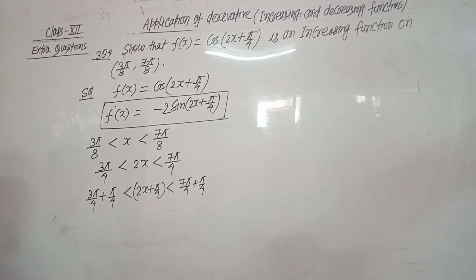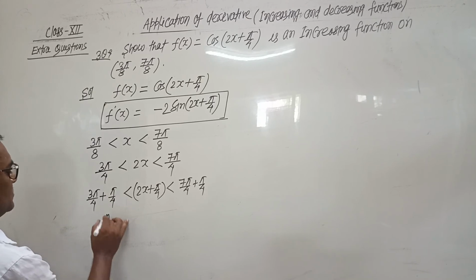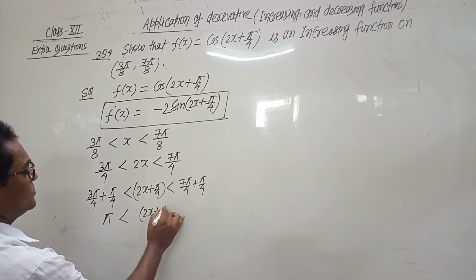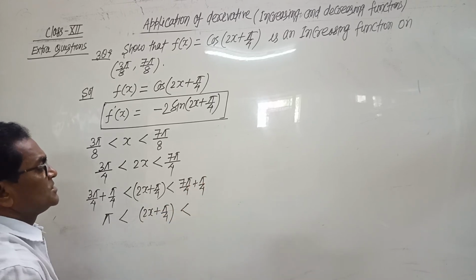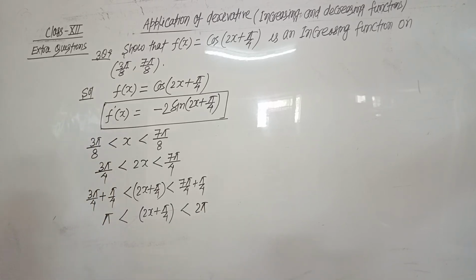So 3 pi by 4 plus pi by 4 becomes 4 pi by 4, which means pi, is less than 2x plus pi by 4 is less than 8 pi by 4, which means 2 pi. So the value of 2x plus pi by 4 lies from pi to 2 pi.